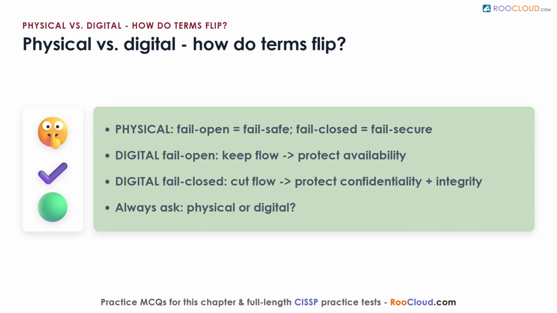Fail-open keeps a connection flowing to protect availability, the way a firewall might pass traffic unfiltered if it crashes. Fail-closed cuts the connection to protect confidentiality and integrity, blocking all traffic instead. When an operating system hits a memory isolation violation and halts into a stop error, that is failing closed on purpose. Always ask first, physical or digital, before you translate the term.